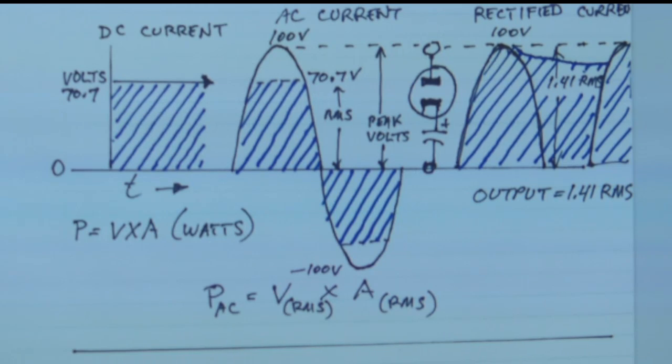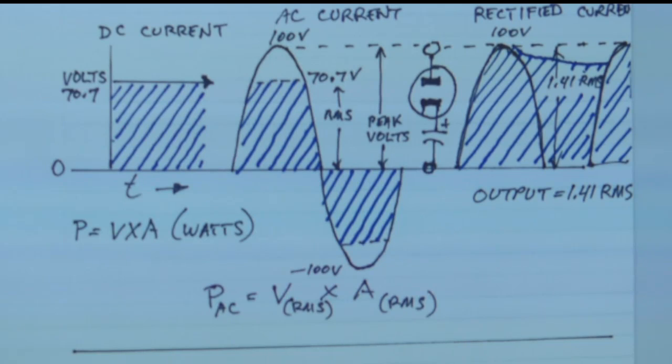Well, basically it is, because the power in an AC circuit is equal to volts RMS times amps RMS. So both voltage and amps are measured in terms of RMS values. And therefore, because this amount of power is equal to this amount of power, DC to AC, volt-amps is essentially equal to watts in a DC circuit.